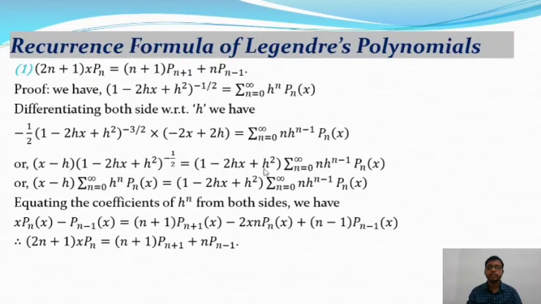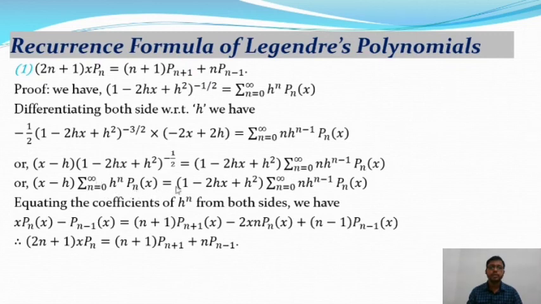And the right hand side will be (1 minus 2hx plus h square) into summation over n is equal to 0 to infinity n into h to the power n minus 1 into Pn of x. Okay, so after simplifying this equation, we will get (x minus h) into summation over n is equal to 0 to infinity h to the power n into Pn of x.